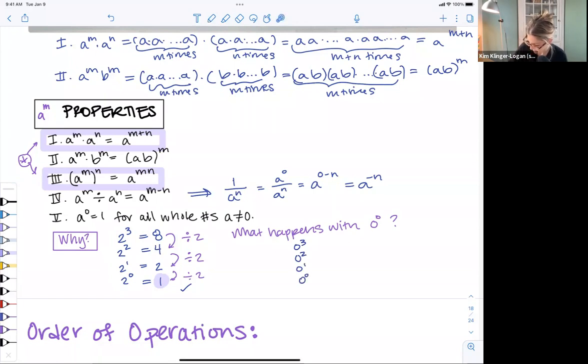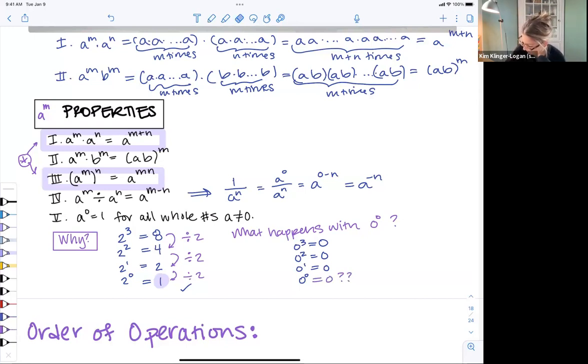So let's look at the same base and raise it to different powers going towards 0. So 0 cubed is 0 times 0 times 0, that's 0. 0 squared is 0. 0 to the 1 is 0. So here, if I follow the pattern, I expect this to equal 0, right?